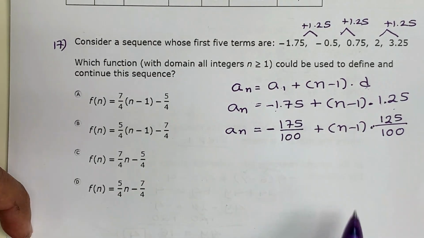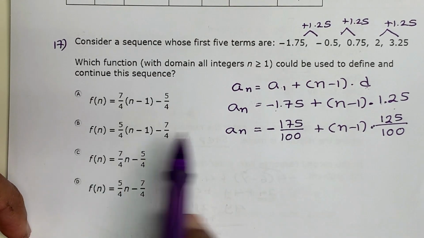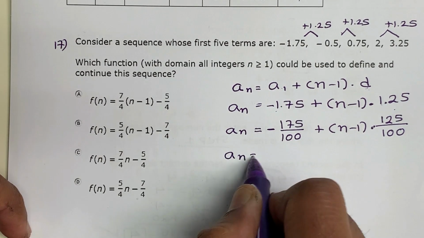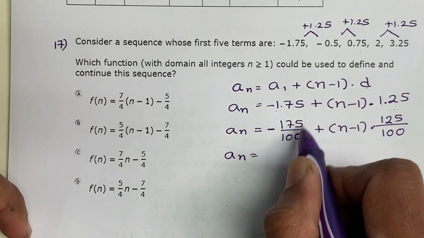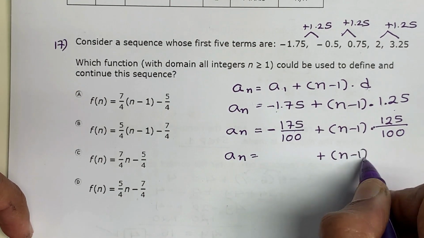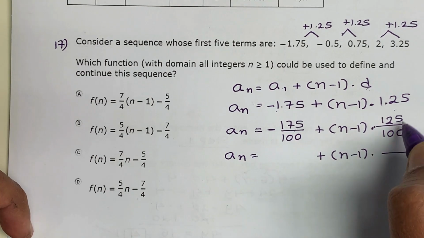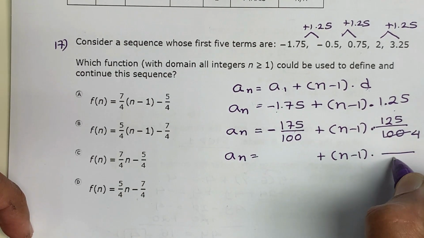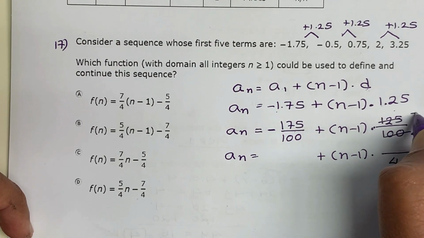Now we still don't have a very similar answer, but we're getting there. All I have to do now is reduce as much as I can. We can reduce this by 25. 25 goes into 100 4 times, and 25 goes into 125 5 times.